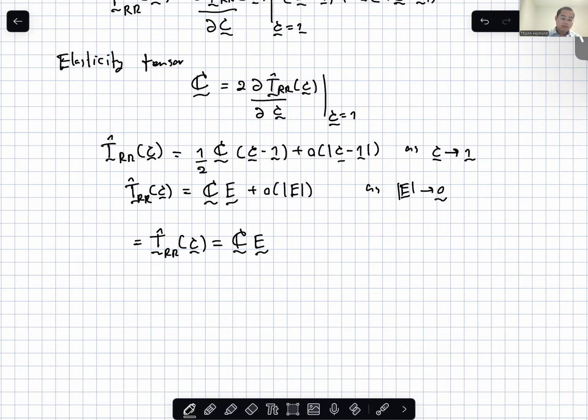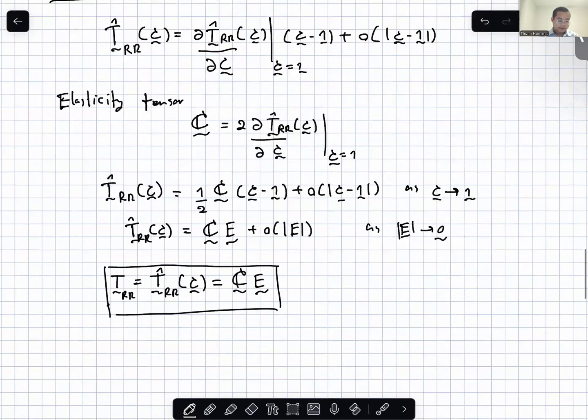We know that from applying the CNP and PMFI. So this is basically just T_R. This is the estimation of the stress by using the Taylor series expansion.